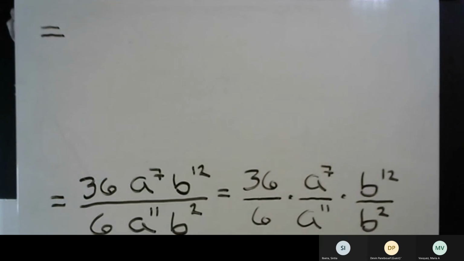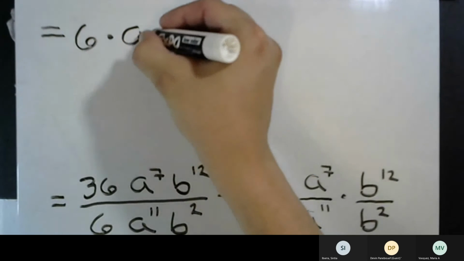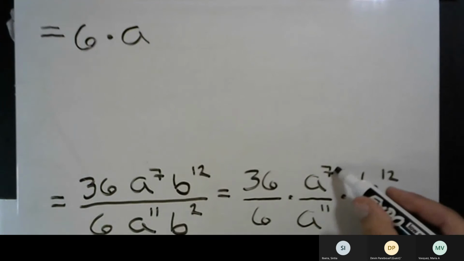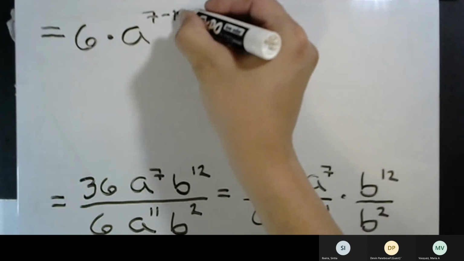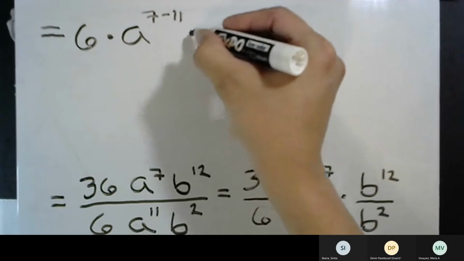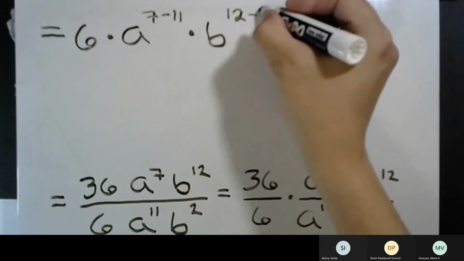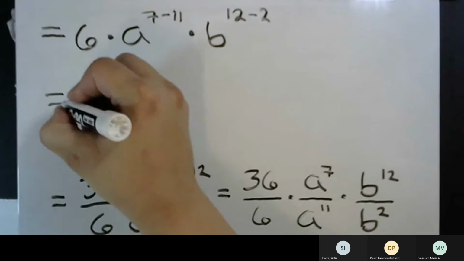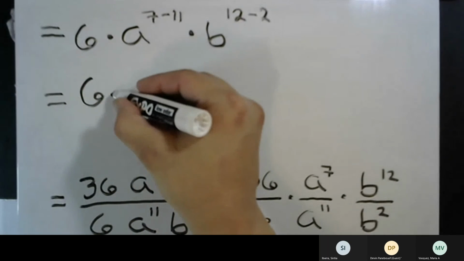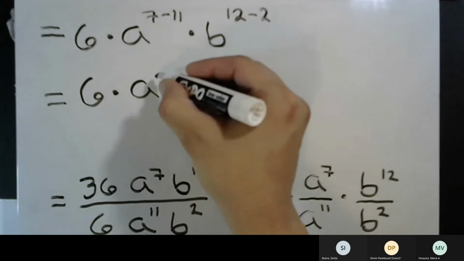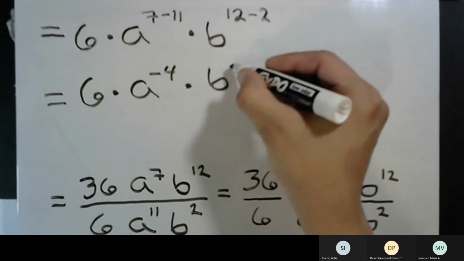And then 36 over 6, well, that's going to be 6. For a here, again, top minus bottom. And then top minus bottom. So we have 6, a to the negative 4, b to the 10.